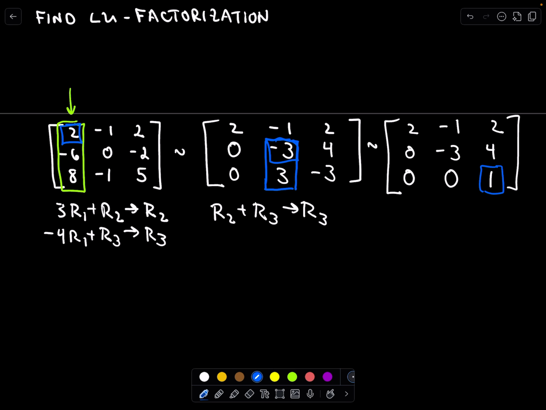I'm starting along the diagonal and looking at everything beneath it as I put things into echelon form. So this last one is good. I can stop there because it's my entry in my lower right corner.